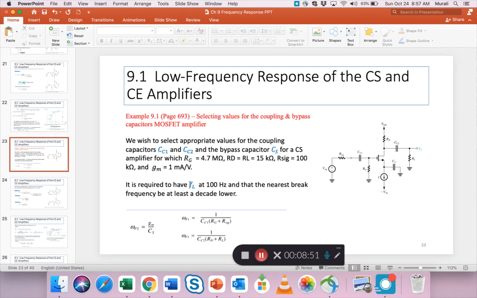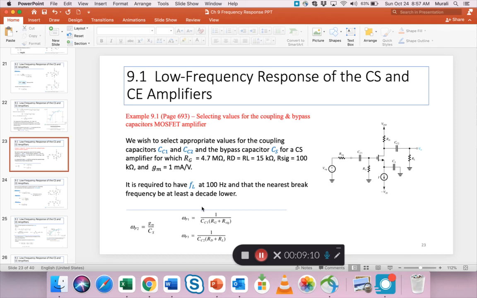What is that minus 3 dB frequency? It's 100 Hertz. So on the low end of the frequency ability of our amplifier, the lowest signal frequency we care about is 100 Hertz.